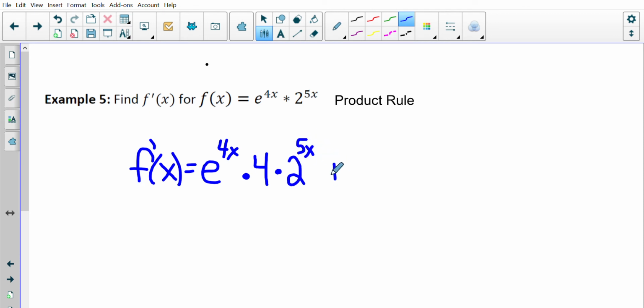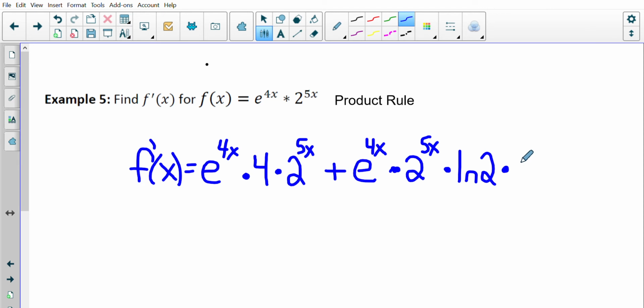Then we go plus, the second part is, well, we have our first term, e to the power of 4x. And then we times it by the derivative of our second term, which, again, is a general exponential function. So we have 2 to the power of 5x times ln 2, and then times the derivative of the exponent, which is just a 5.